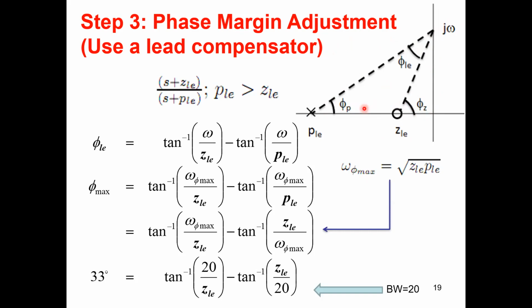So if you write down the equation, the phase added to the plant by the lead compensator, phi LE, the phase of the lead compensator, is this angle, that is tan inverse omega over ZLE, minus this angle, tan inverse omega over PLE.